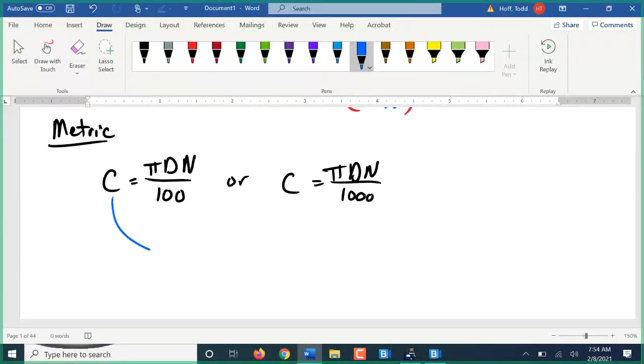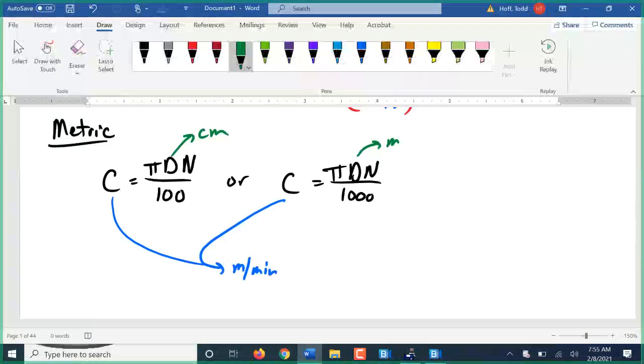The reason for this is cutting speed is always in meters per minute. This formula here is if the diameter is given in centimeters. This formula here is if the diameter is in millimeters. The 1,000 millimeters, that's all that bottom number is. That's saying there are 1,000 millimeters per meter, so we're converting those millimeters into meters. And 100 centimeters.